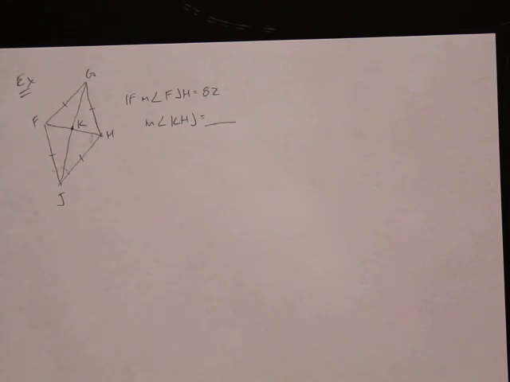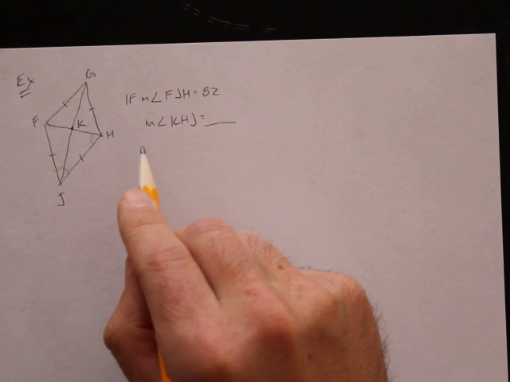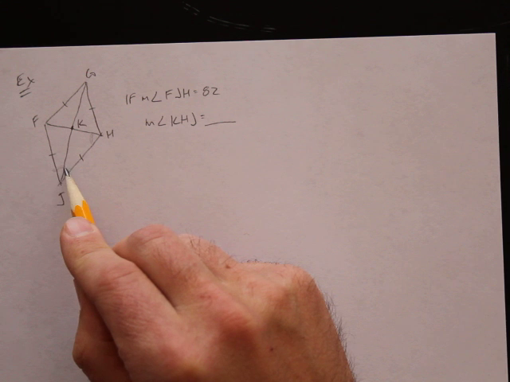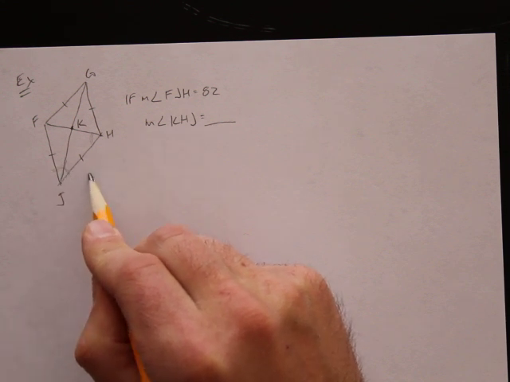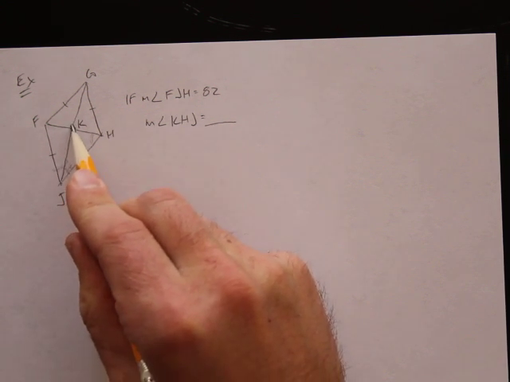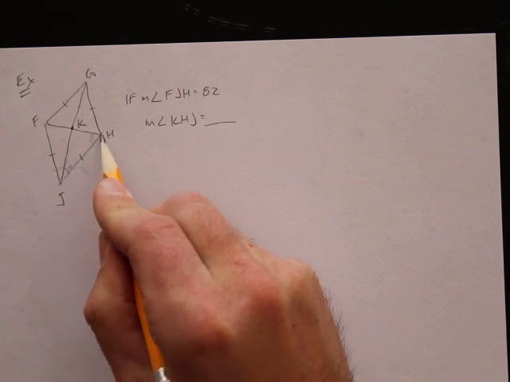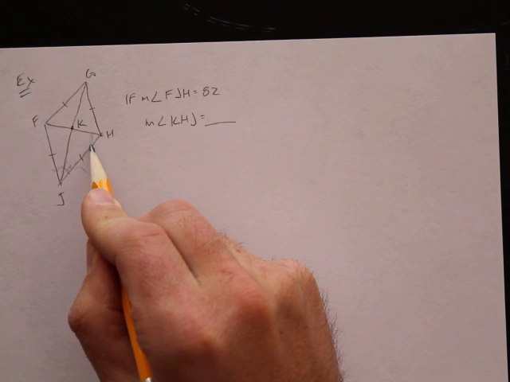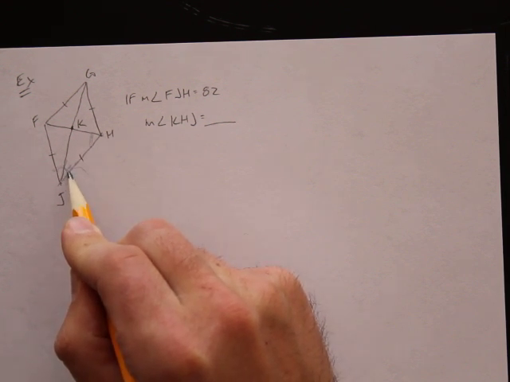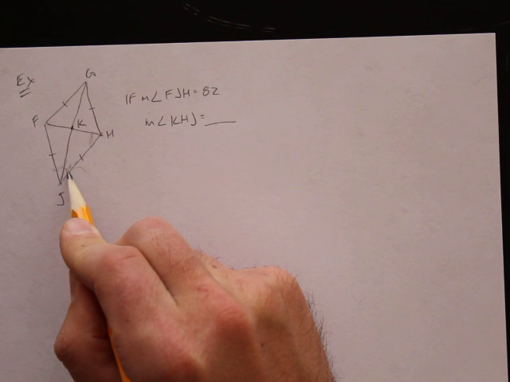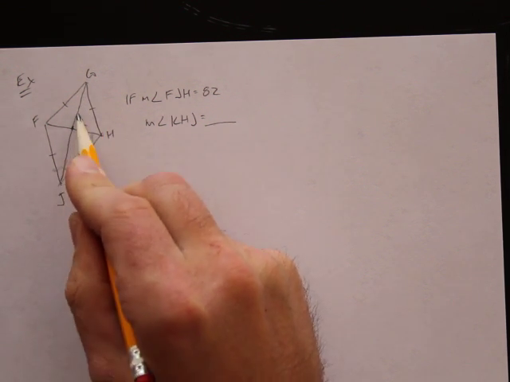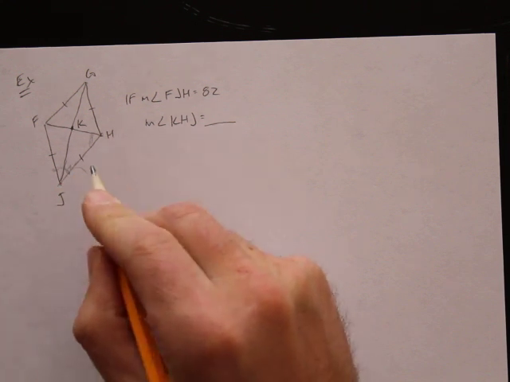All right, so I've got to use my understanding of triangles for a little bit here in order to figure this out. So here's my triangle. I'm just focusing in on this triangle here because I want this angle. I know this whole thing is 82 degrees. And since this is a rhombus, this diagonal bisects 82 degrees, so it cuts it in half.